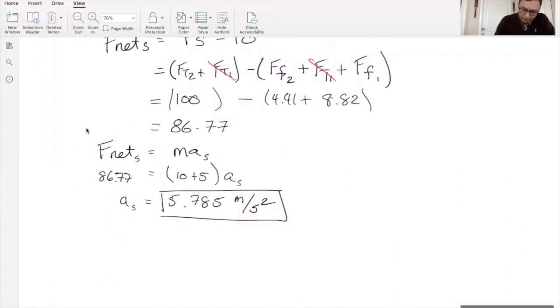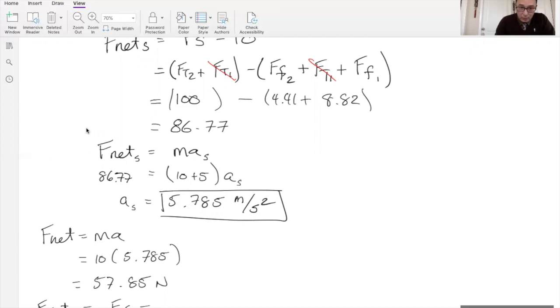So over here, F net is equal to mass times acceleration. Now object 1's mass is 10 and the acceleration is 5.785. That's 57.85 newtons. F net is equal to forces supporting minus forces opposed.